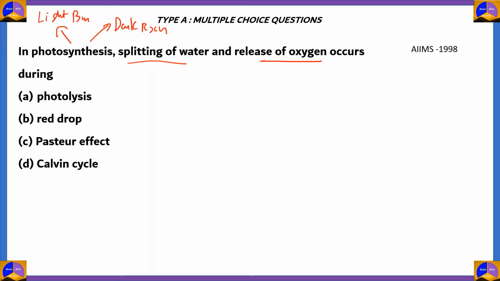So the light reaction enables the formation of ATP and NADPH. So it does that in the presence of a photosystem titled photosystem 2.